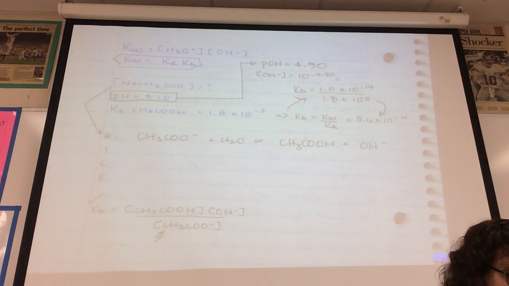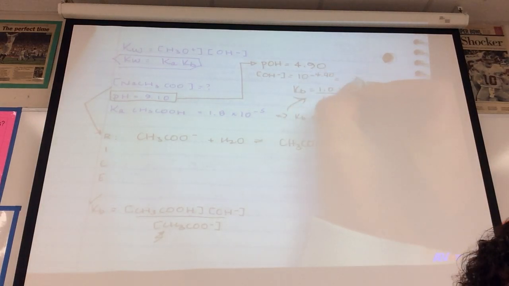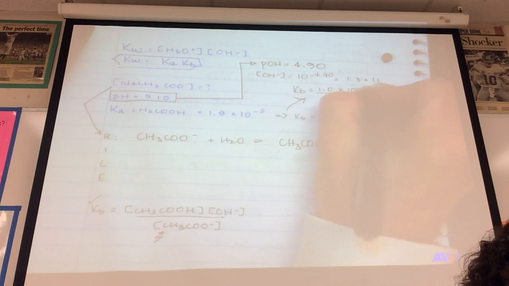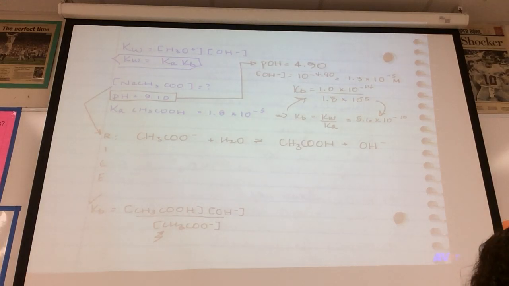But why does it say error? It's 1.3 times 10 to the negative... The calculator said error. 1.26 or... I don't know. 10 to the negative. Yes, I did that. It says error. Come here, he'll fix it.